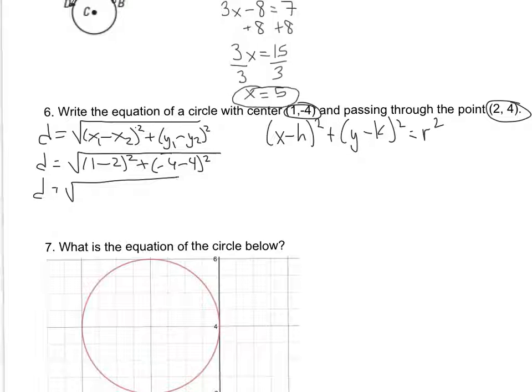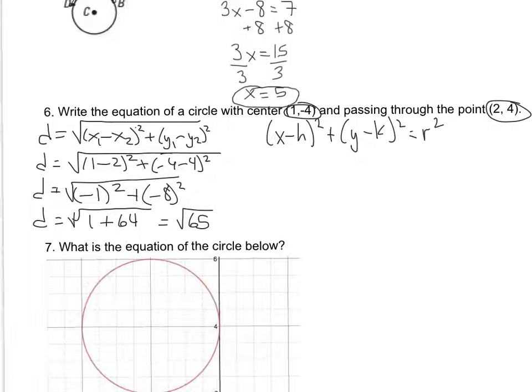So this would be (-1) squared plus (-8) squared. So (-1) squared is 1 plus 64. So the radius is the square root of 65. So this would be our radius. Because again, the distance between the center and any point on the circle is its radius.